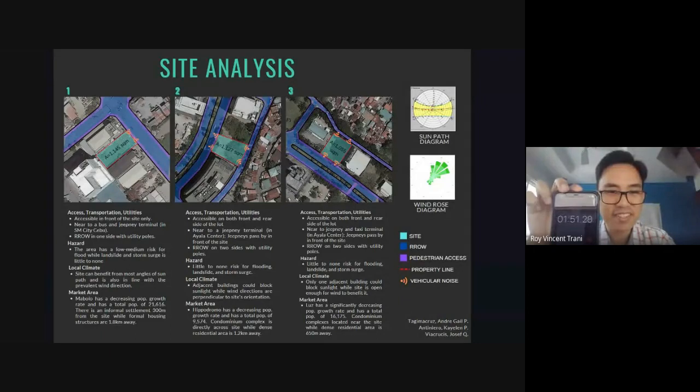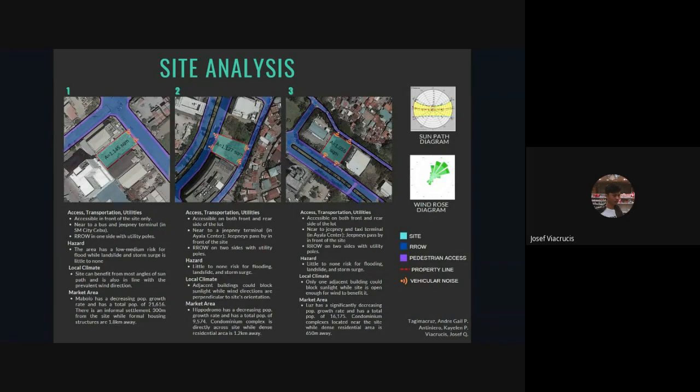Good access to wind. Yes, sir. For the third site, the 3 sides of the site are open, while an adjacent building at its southeast could block the sun. And lastly, for market area, all the sites are located in barangays with decreasing population growths.